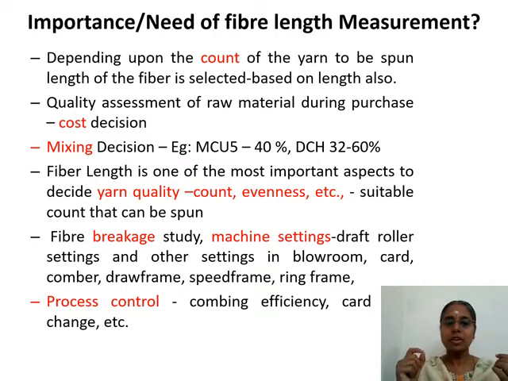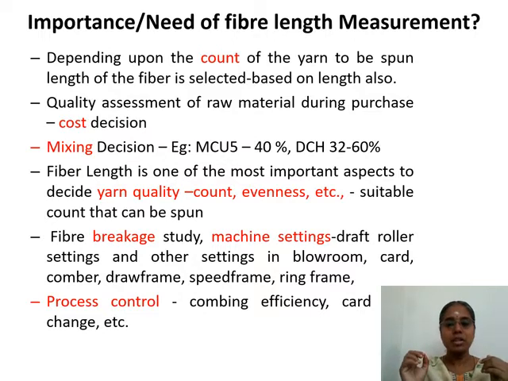So for that also, fiber length determination is important. Sometimes you may get an approximate quality that is required, but the machine that you are running may have more breakages, and there will be loss in productivity. So to get higher productivity also, fiber length is important.